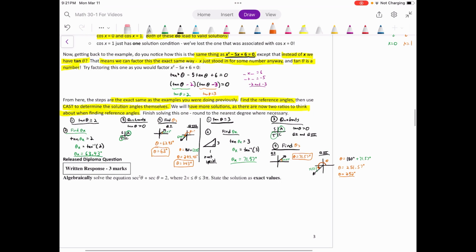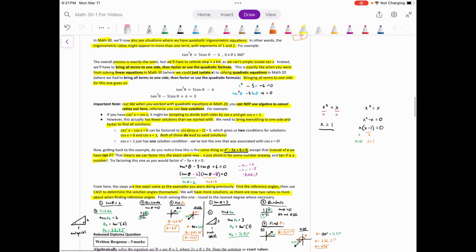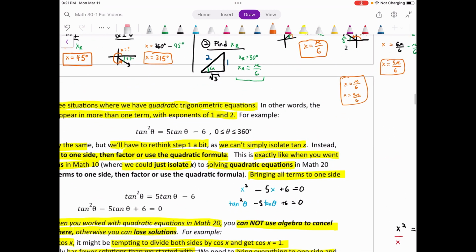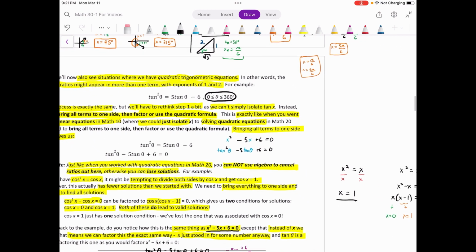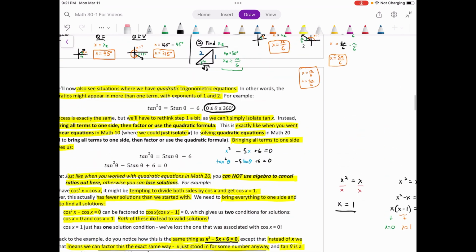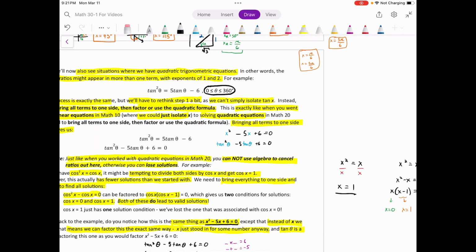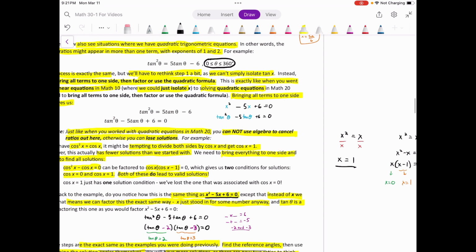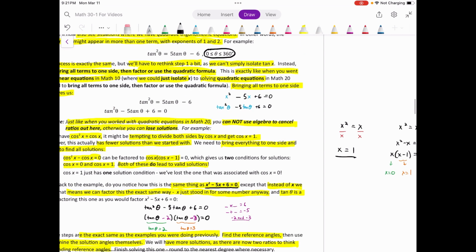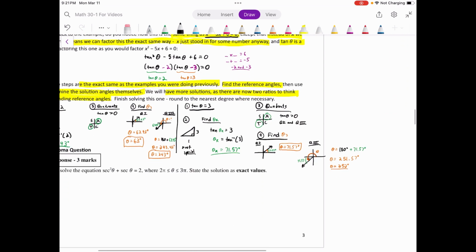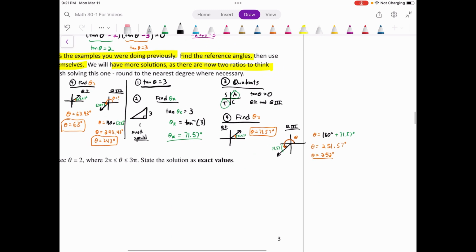Now, before I do, I should probably check the domain. Okay, 0 to 360, right? Really, I should have checked that at the beginning, because that could change where we were even looking in the first place. Sometimes it might say 0 to 180, meaning that you can just ignore quadrants 3 and 4, okay? But in this case, we just want 0 to 360, but not beyond 360 and not less than 0. So those really are all my solutions, right?